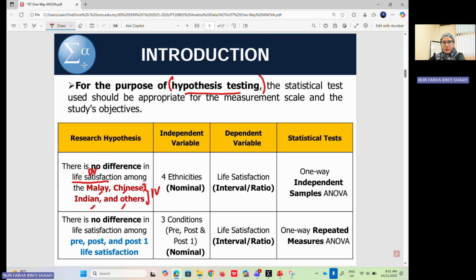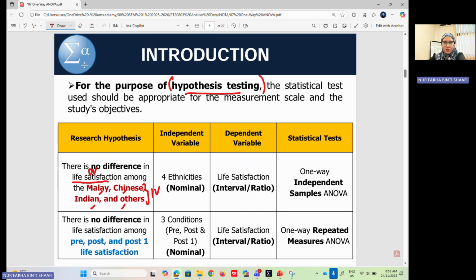Remember, you need to be able to identify which one is your DV and which one is your IV in the final exam. You need to copy how I identify the DV and IV. You're supposed to be able to differentiate which one is IV and DV based on your two classes. The first class you have learned is research methodology, and for this class it is data analysis.